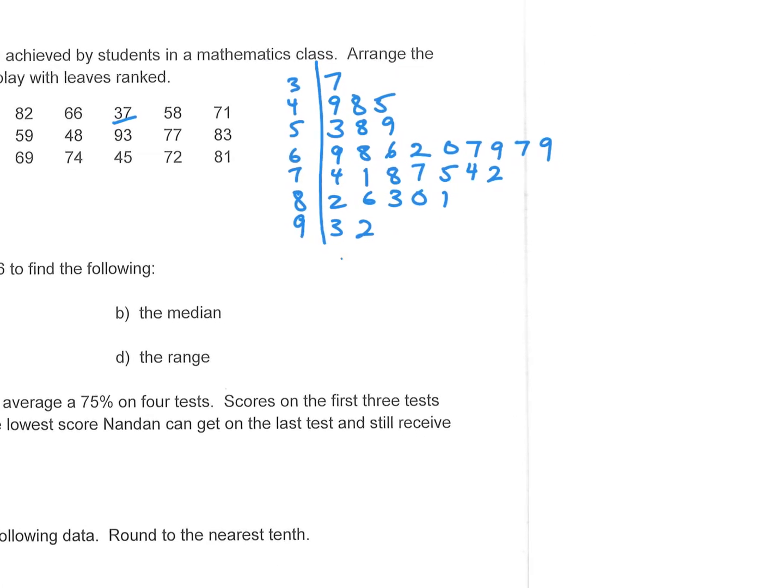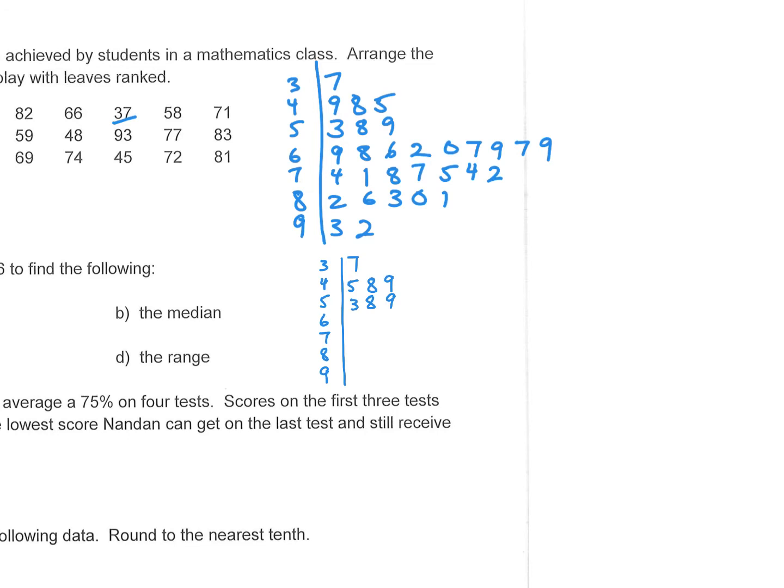All right, so I'm going to redraw this now. 3, 4, 5, 6, 7, 8, and 9. Now ordering. 9, 8, 5 is going to be 5, 8, 9. 3, 8, 9.